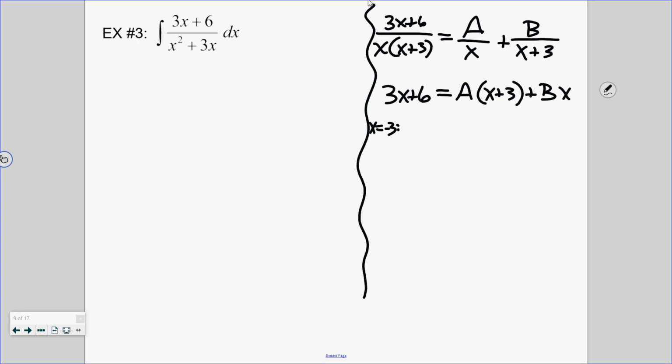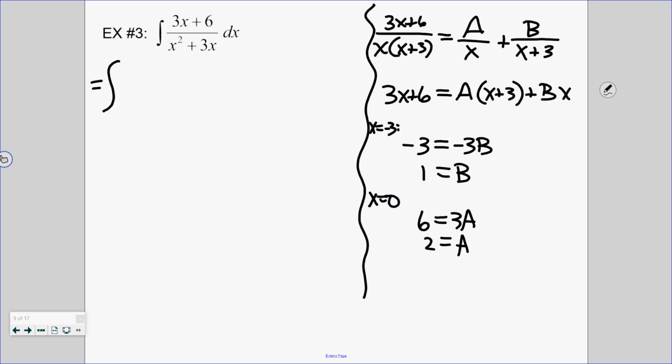That's going to give me negative 9 plus 6, so negative 3 equals negative 3b. So b is 1. And then I'm going to let x equal 0. So I'm going to get 6 equals 3a. So a equals 2.